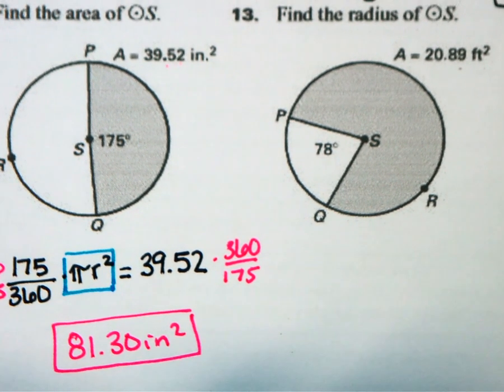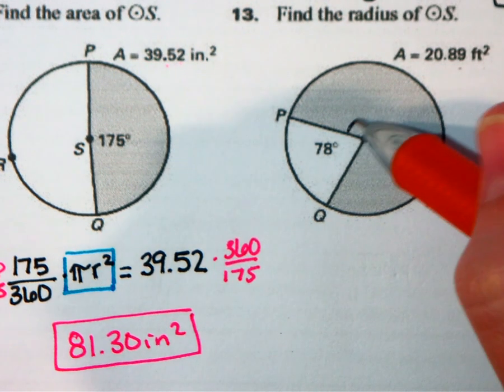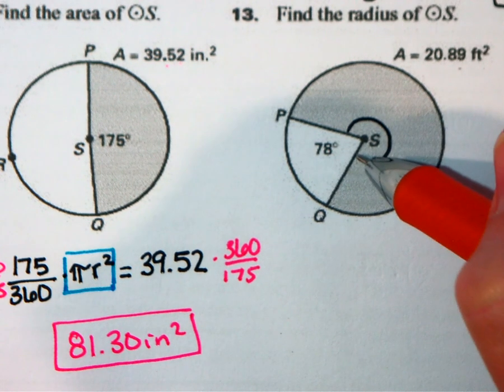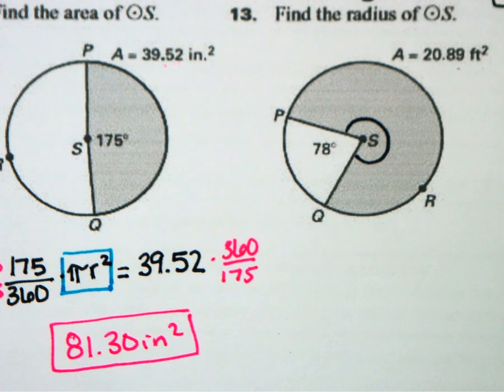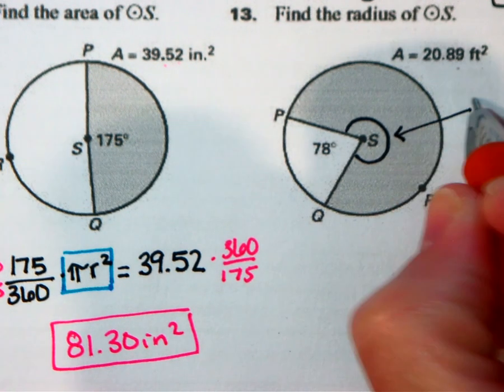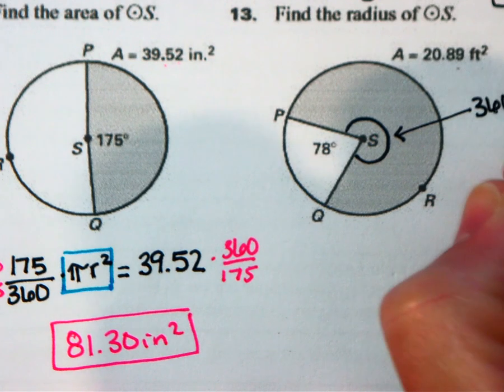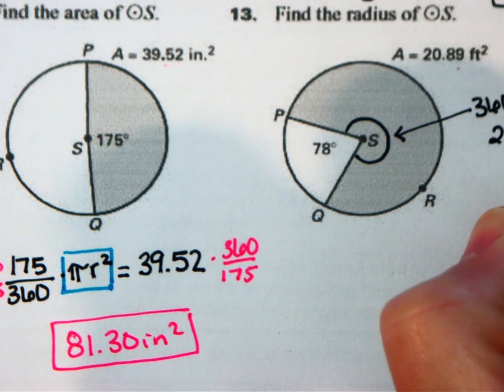Okay, so last one. This one's kind of tricky because the shaded area is 20.89, and the shaded area is all of this. So it's actually not going to be 78 degrees that we use. This arc is going to be 360 minus 78, which is 282.